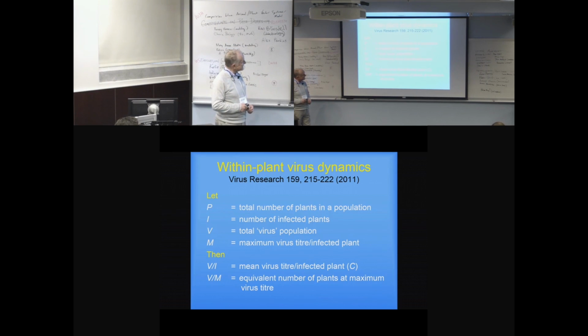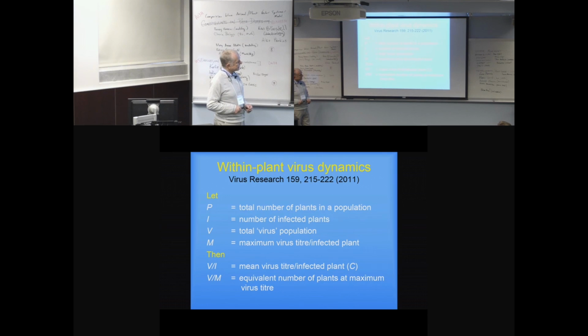And if we could then specify what the maximum virus titer per infected plant could be, then we would have a parameter there, which we could use to actually derive some surrogate variables. The first of which is a variable which is the mean virus titer per infected plant, which we can call C. And we could construct this variable, which basically is V, the total virus population, divided by the maximum virus titer per infected plant.